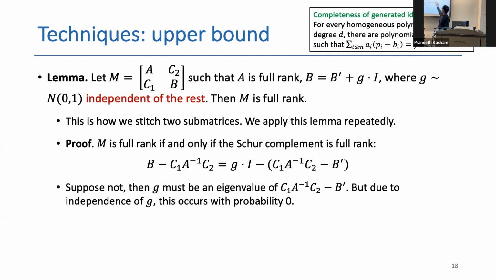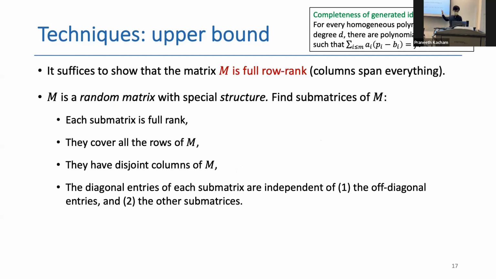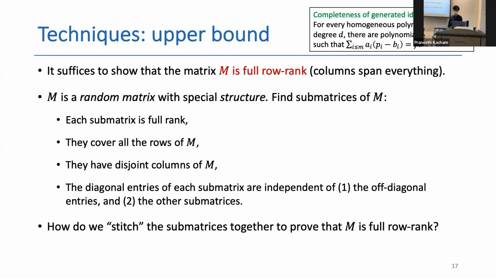But because this matrix has finitely many eigenvalues, the probability that G, an independent sample from a Gaussian, coincides with these finitely many numbers is 0. So this is why we need this fourth condition.